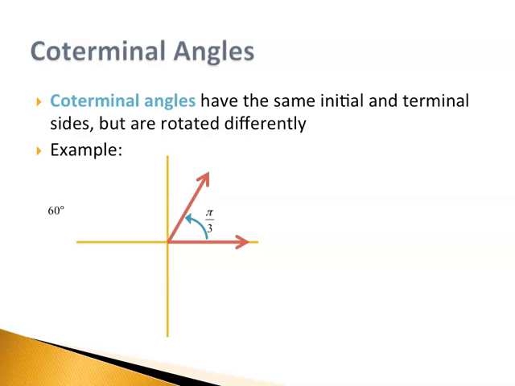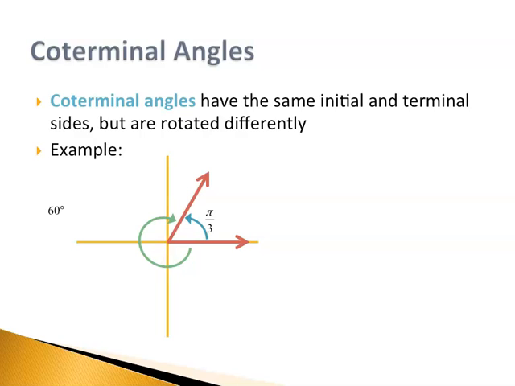A coterminal angle would have the same initial and terminal sides, but in order to get there, we rotate differently. For example, instead of rotating counterclockwise, we could have rotated clockwise to get there. If we rotate clockwise, this would be a negative angle measure. And how much have we rotated?